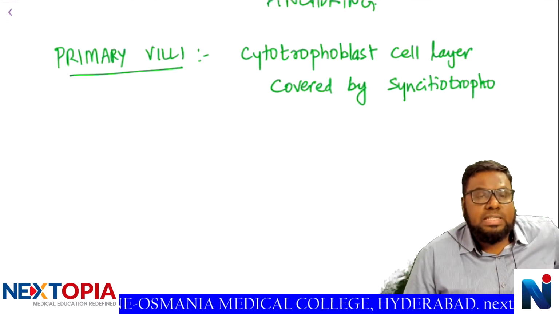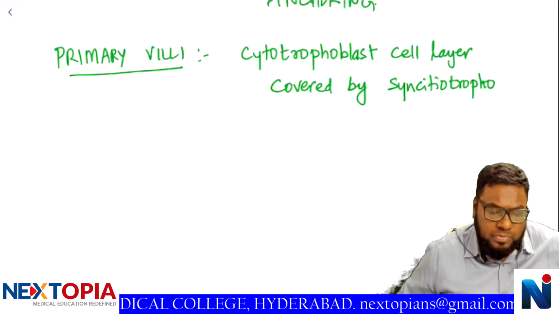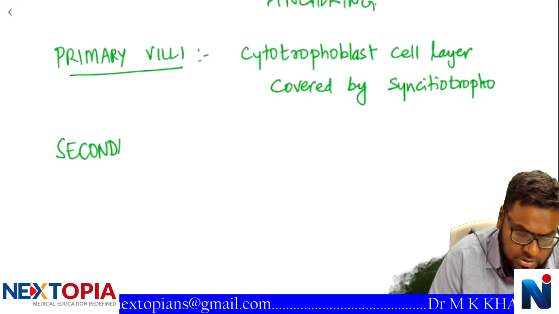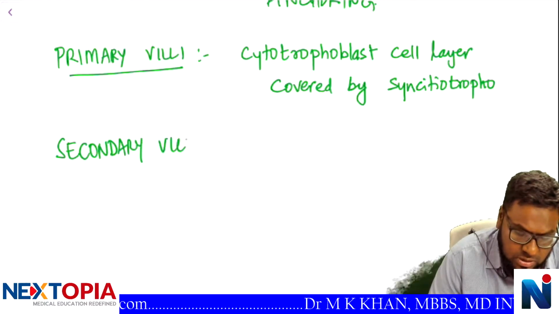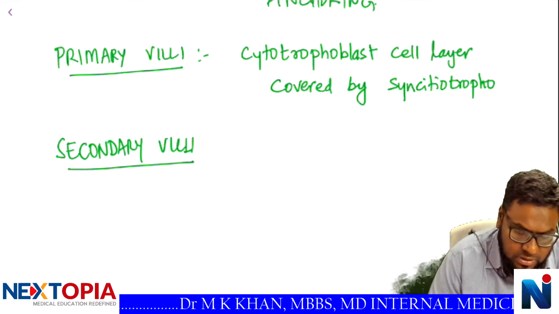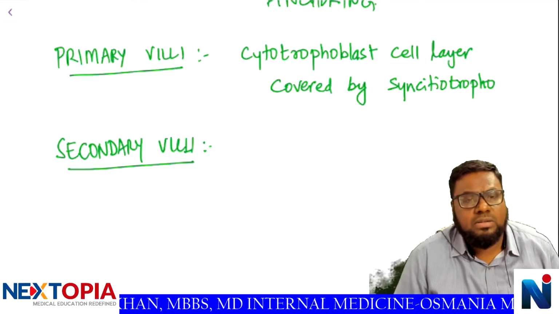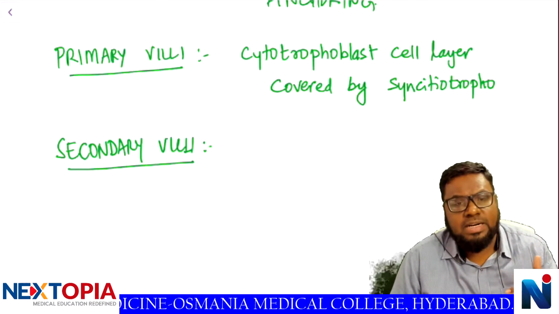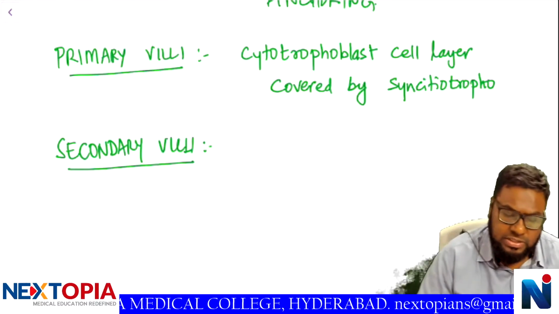all right. The secondary villi are three layered. They show three layers. They have got outer syncytiotrophoblast, an intermediate cytotrophoblast layer, and inner extraembryonic layer.